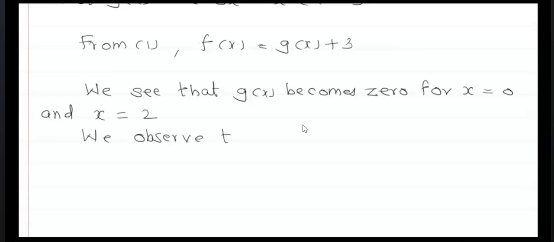Therefore, it's written like this: g of x is equal to x cube minus 2x square, and f of x is equal to g of x plus 3.